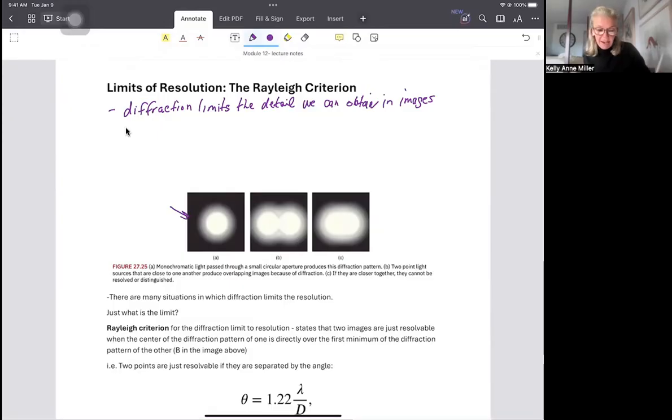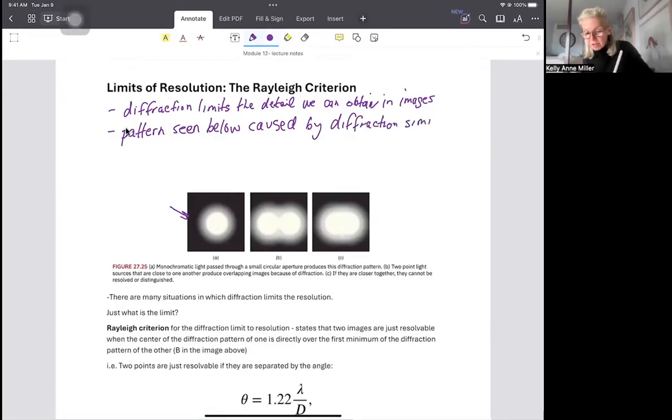Okay. And this pattern, the pattern seen below, is caused by diffraction, very similar to that produced by a slit.